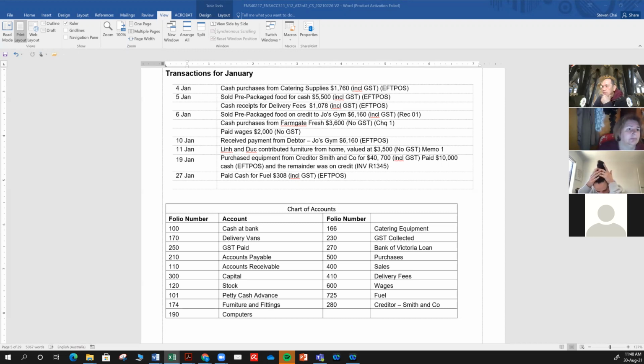Is it 27,000? That goes to accounts payable? No, 27,000 goes to creditor? Smith and Co. No. Hang on, one thing at a time. Okay. If the rest is on credit, it'd be under accounts payable, correct?